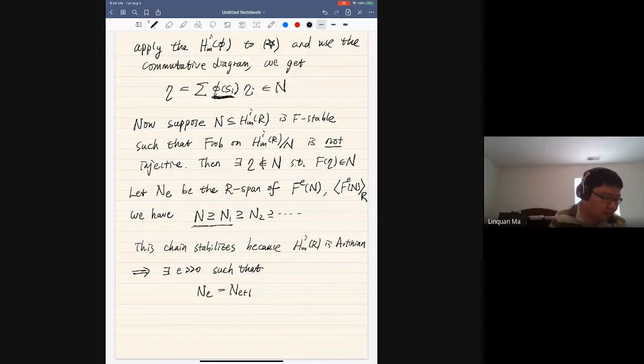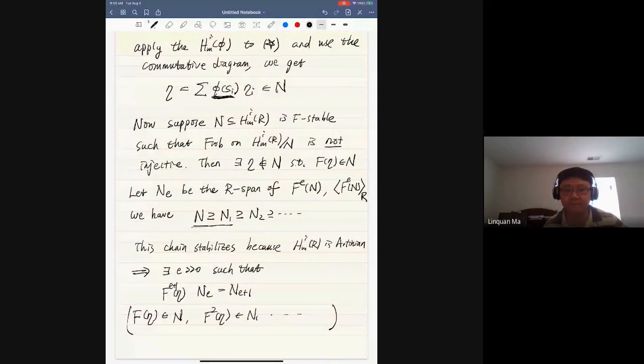But since F of eta is inside N, if I iterate, F square of eta is going to be inside N1. So if I apply the Frobenius E plus 1 times to eta, that's always going to land inside NE.